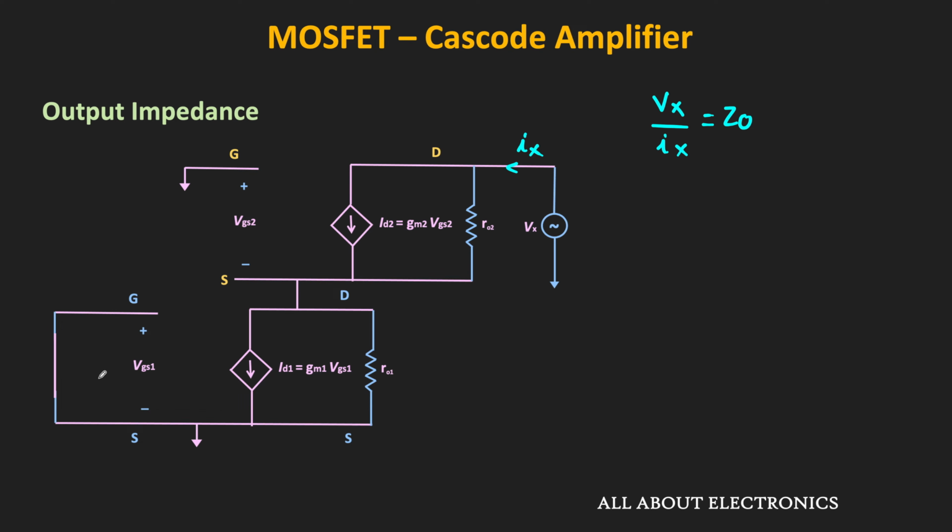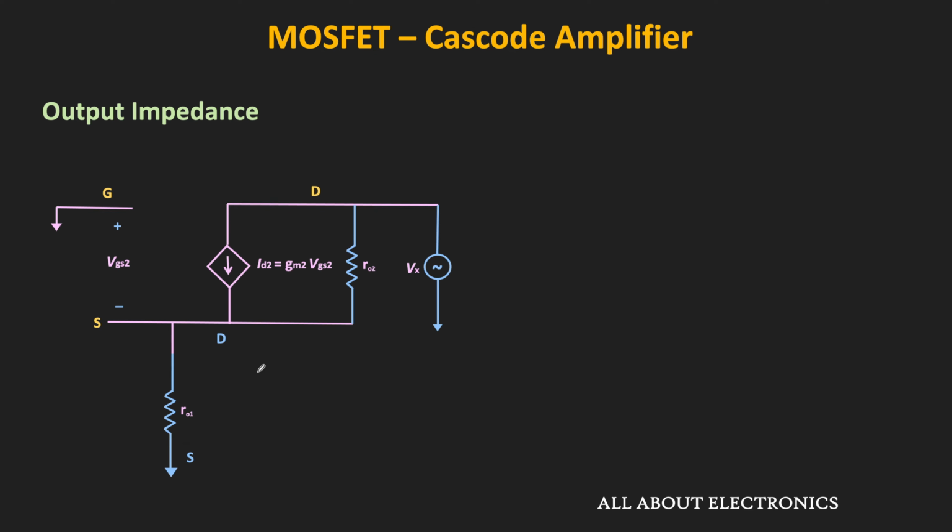Once the input signal is considered 0, the voltage VGS1 becomes 0, and because of that the dependent current source also becomes 0 and acts as an open circuit. The equivalent circuit will look like this.